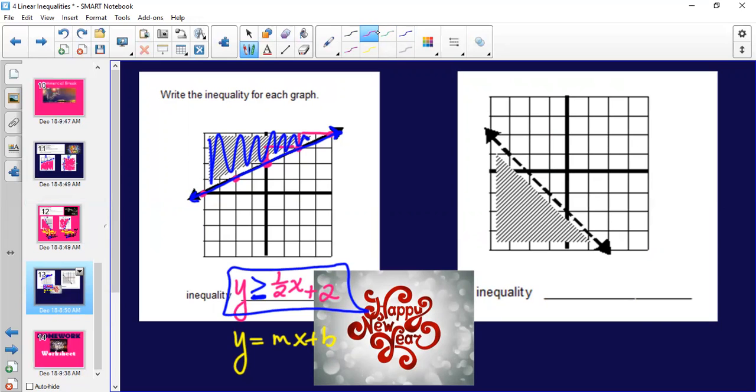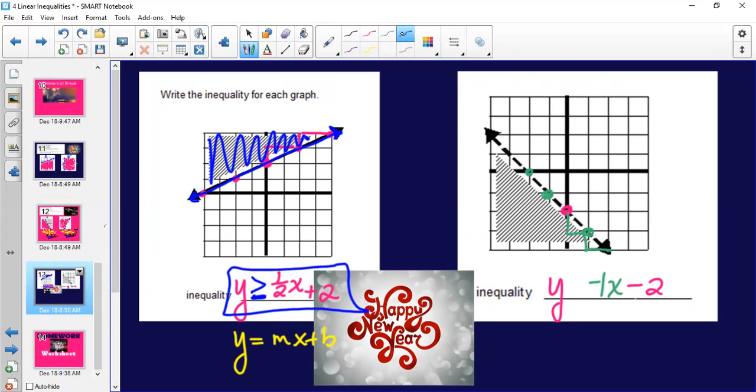All right, last problem. Again, I'm going to pretend like it's y equals mx plus b. I'm just going to leave out the equals. My graph on this one started at -2, so I know it's going to be a -2 in the end. Okay, so get more points here to find my slope. Looks like the slope is down 1, right 1, down 1, right 1. That means my slope is -1. I'm going to put the x behind it.